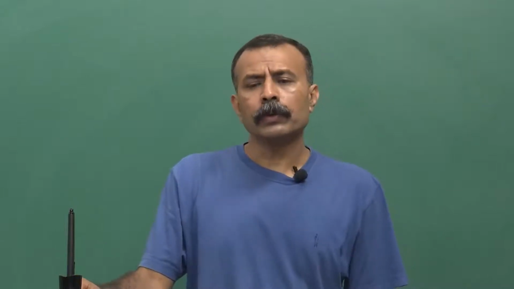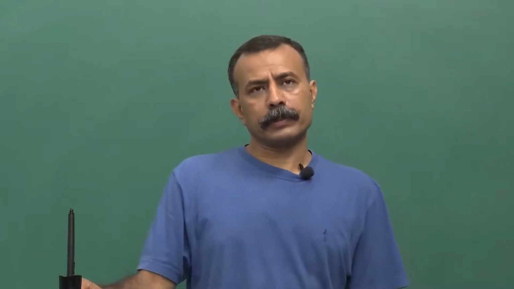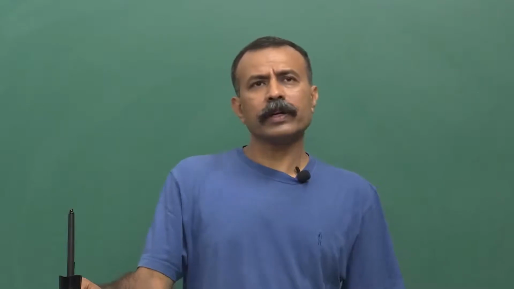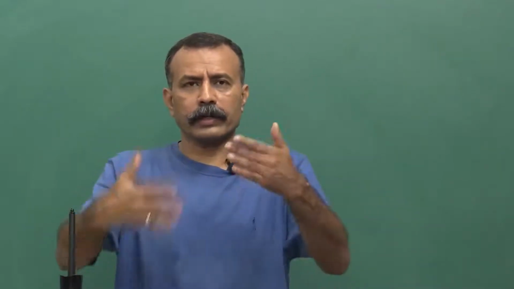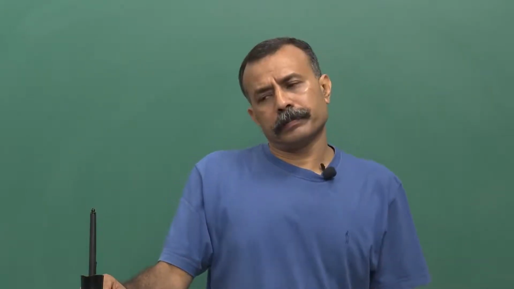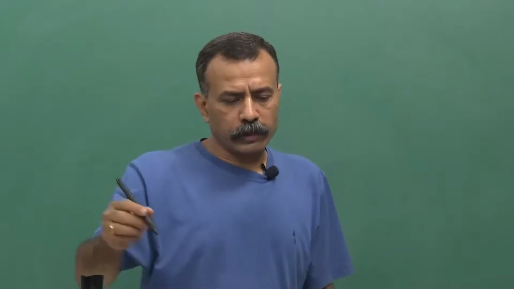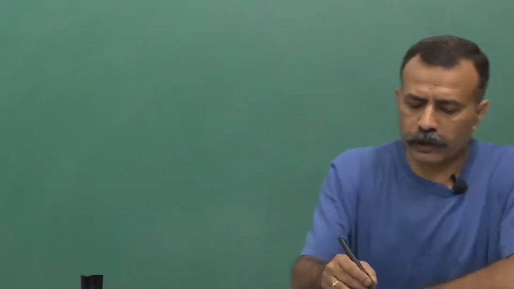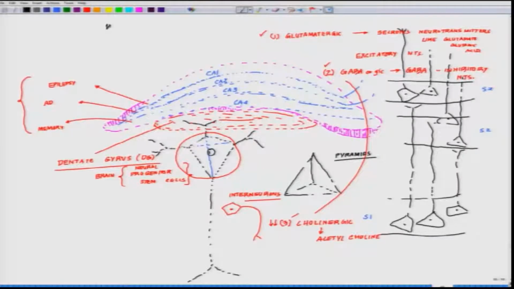So, now what happens in epilepsy in this circuit? We have briefly dealt with this circuit, right? I know how they are connected, CA1, CA3 regions. So, during epilepsy, in this structure, let me just put it, this is week 6, lecture 3, W6 L3.